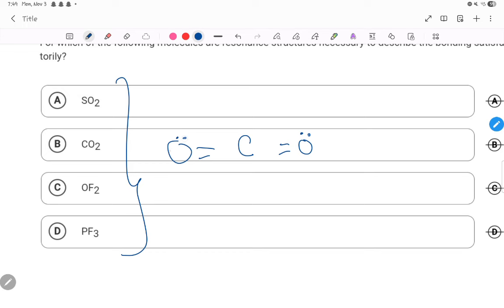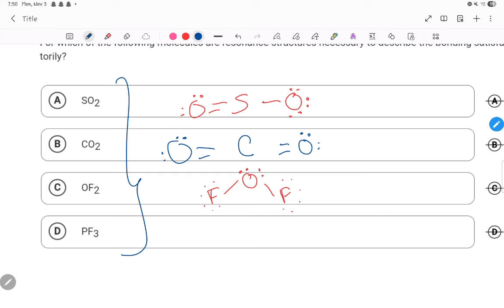SO2, if you did draw it, it would look like this. Okay, OF2. OF2 looks like this. Oxygen, fluorine, fluorine. And then the last one is PF3.